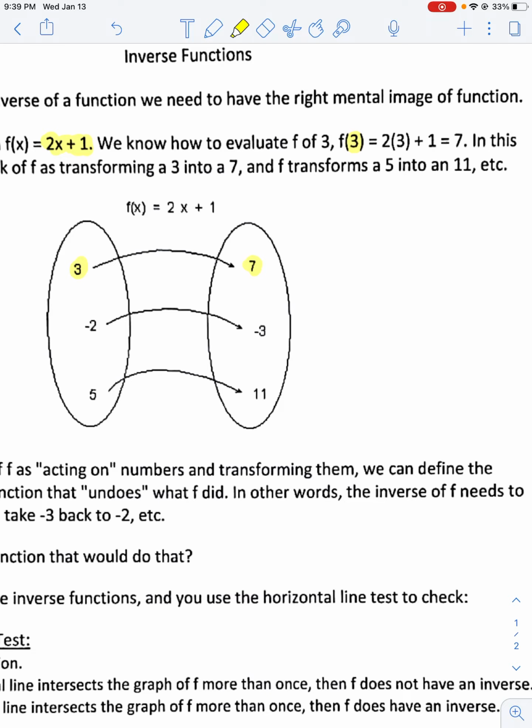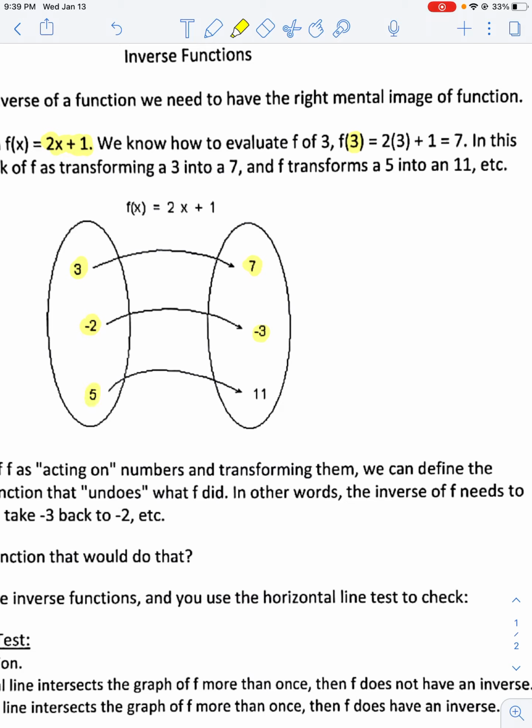You see, no matter how many times I plug the value 3 into that function, it's going to give me the same output every time. When I plug -2 into that same equation, it's going to give me the same output every time. 2 times -2 is -4. -4 plus 1 is -3.